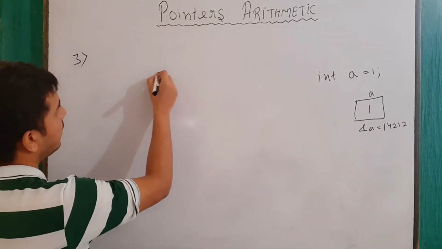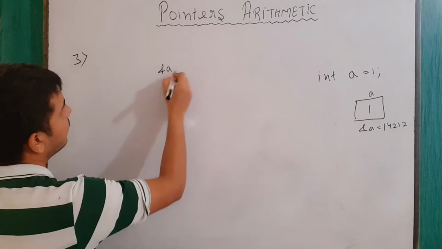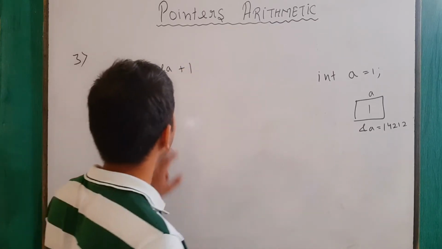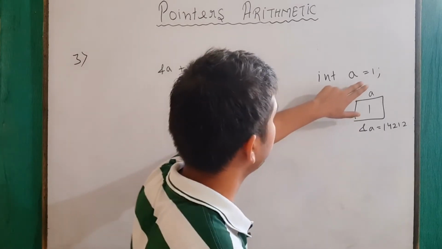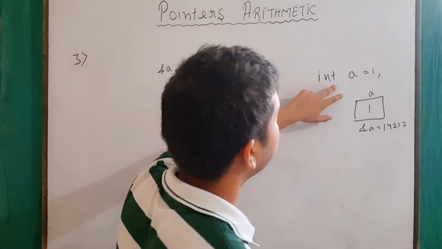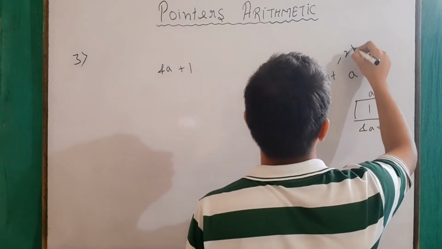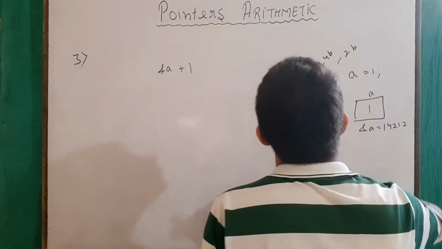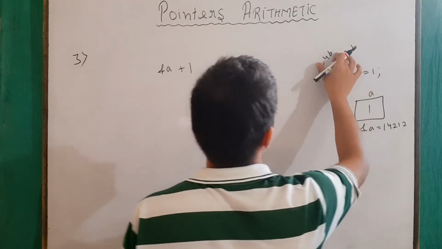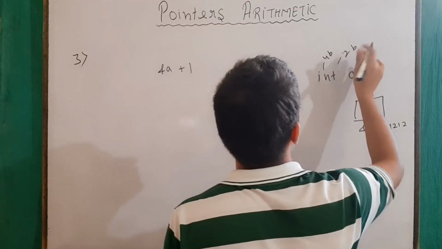Now if I perform an operation, let's say &a + 1, what will be the output? This depends on the size of this variable. What is the size of this variable? It can be either 2 bytes or 4 bytes. For 64-bit compilers, it is generally 4 bytes, and for 16-bit it is generally 2 bytes.